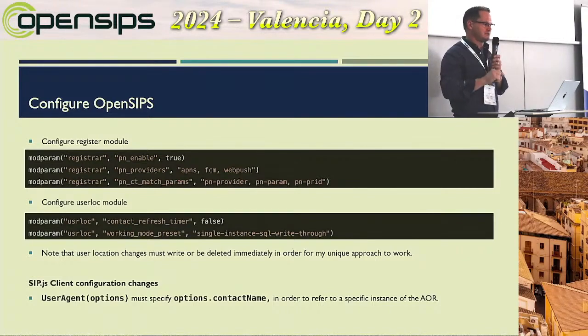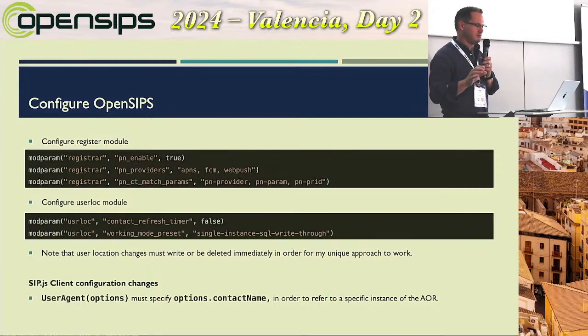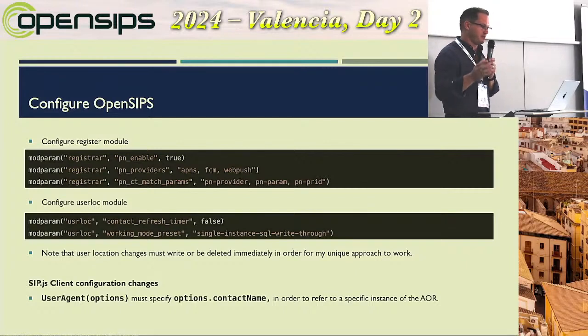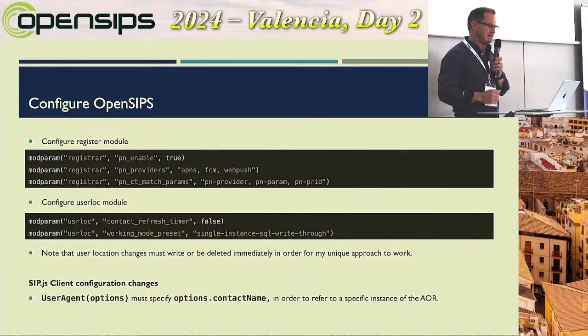And I'll show you why that's important in a second. It's a slightly unique architectural approach that I've taken for OpenSIPS. Many of you may be using the same thing, but I needed the location entries to be written immediately to the database without cache, so that I could look them up in another system.